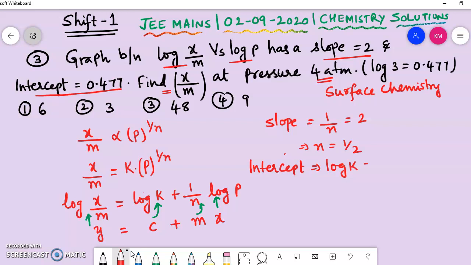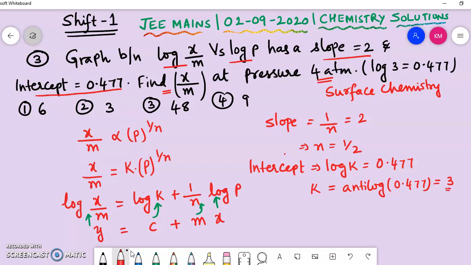Log k value, how much they have given, guys? Intercept 0.477, guys. So take antilog on both sides. If you take antilog on both sides, you will get k is equal to antilog of 0.477. Antilog of 0.477 will give you 3, guys.